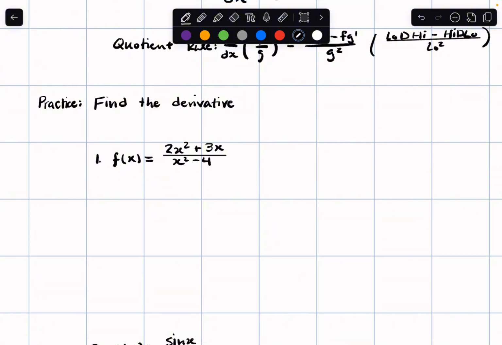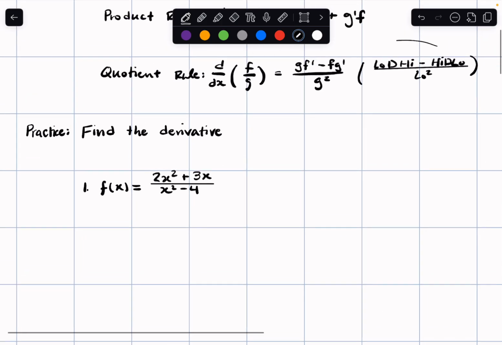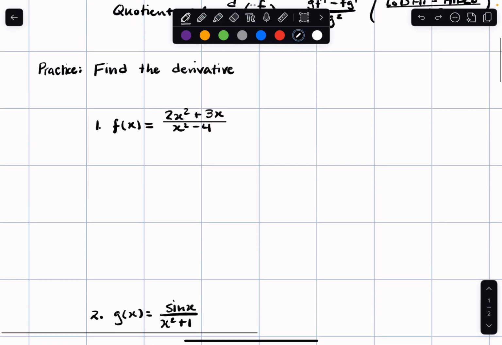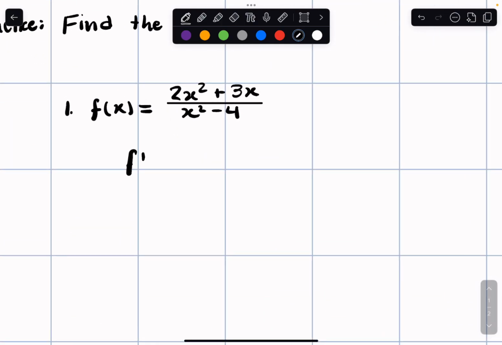We're going to find the derivative. So number one is f of x equals 2x squared plus 3x divided by x squared minus 4. If we use our mnemonic, it's low, d high, so multiplied by low. So let's write first f prime of x, like we learned last week. Let's be low, so x squared minus 4. Then d high, so we're going to do the derivative of the one on top.